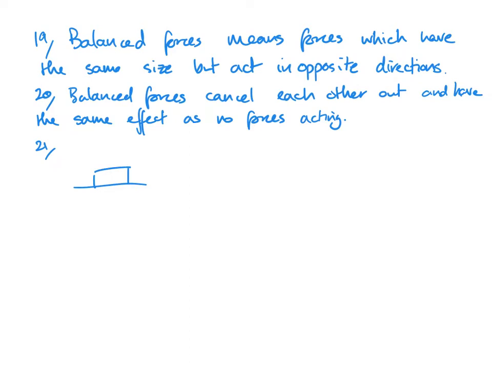So these are my fantastic drawings. This is a book sitting on a desk. What's happening there is the weight of the book, the earth, is pulling it down, but the desk is pushing it up.